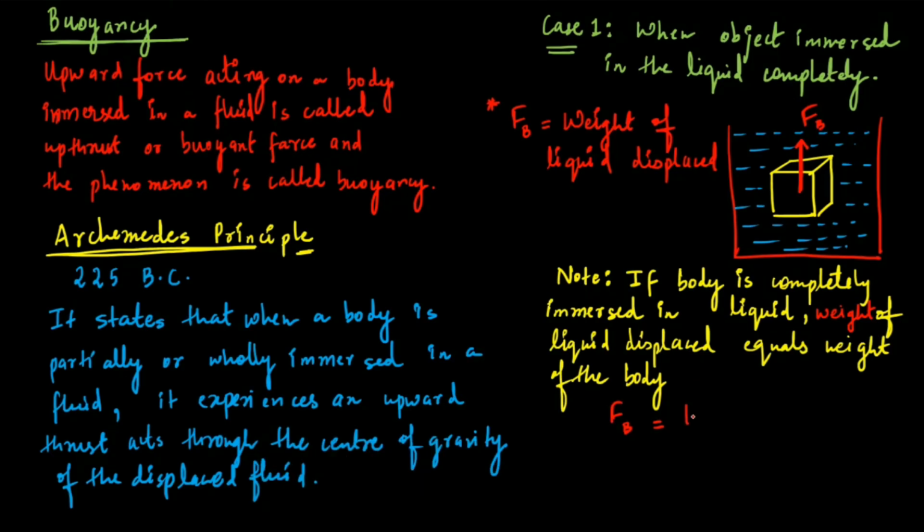We can simply write weight equals mg, but that m should be the mass of liquid displaced. That is the condition. What is m here? M is the mass of liquid displaced.